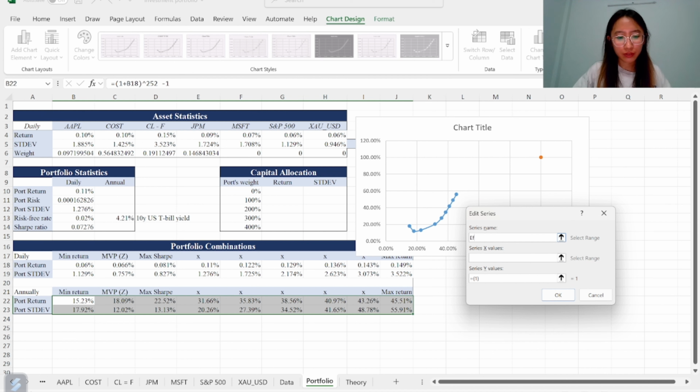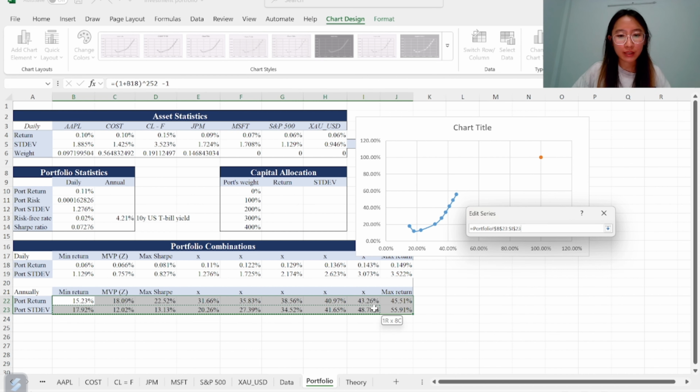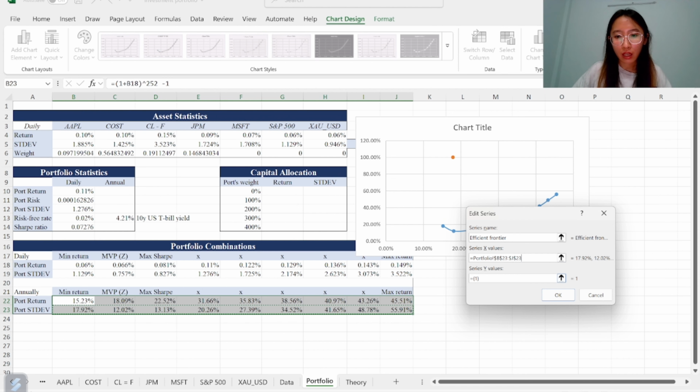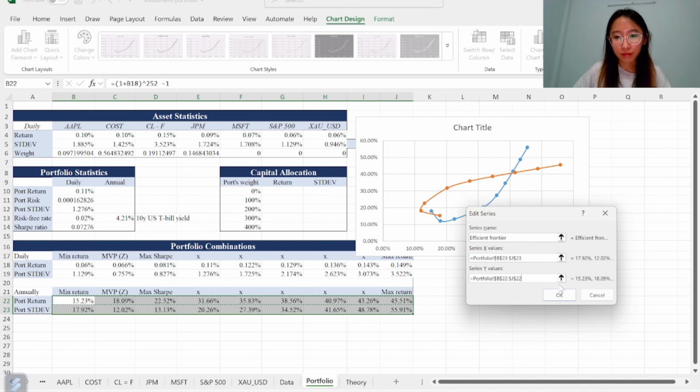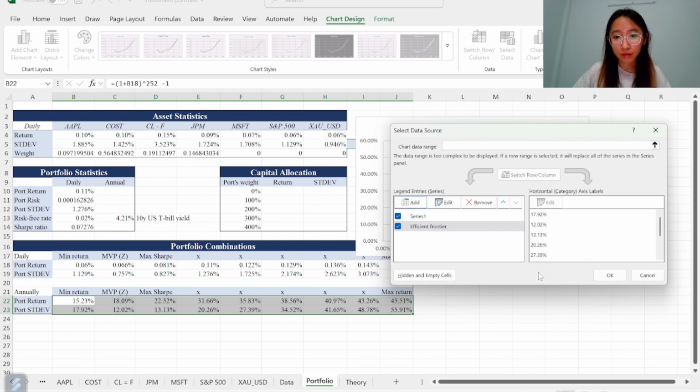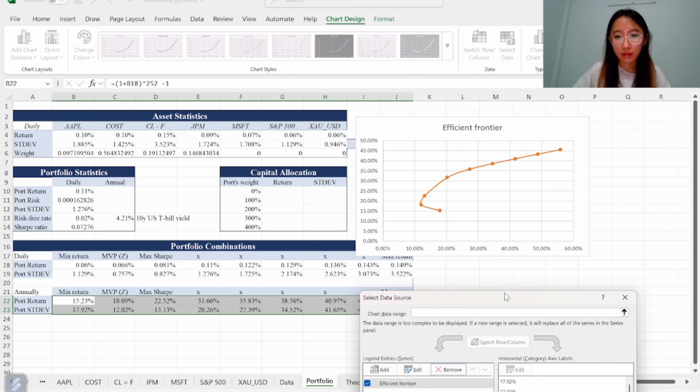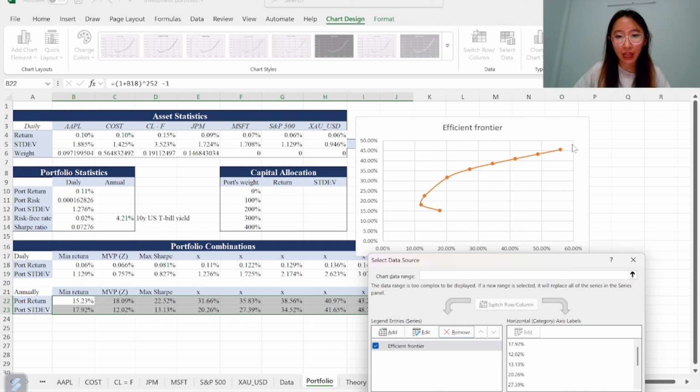We will call this the efficient frontier. The x value will always be the standard deviations, and the y value will be the expected returns. Let's delete this. And that is our efficient frontiers.